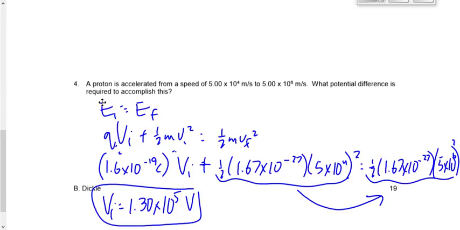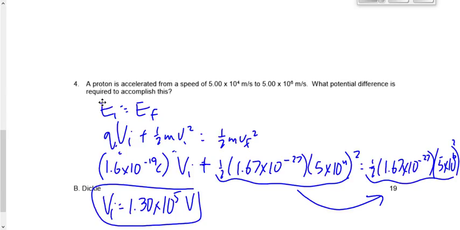Just like on one of those conservation of energy problems on a hill, we can make the 0 point wherever we want as long as we're consistent through the problem. So what we're saying here is that we decided that the final potential was 0. Then the initial potential is just measured relative to the final potential. Does that make sense? Just make the final potential 0. Or in another question, make the initial potential 0, whatever works for you there. Okay, good?